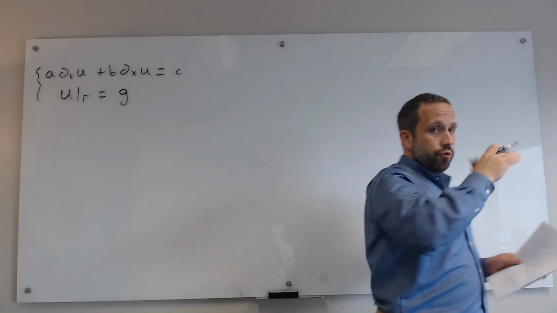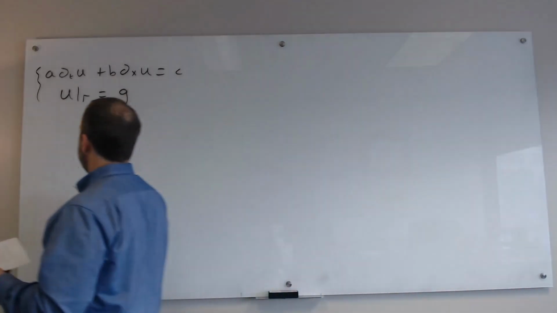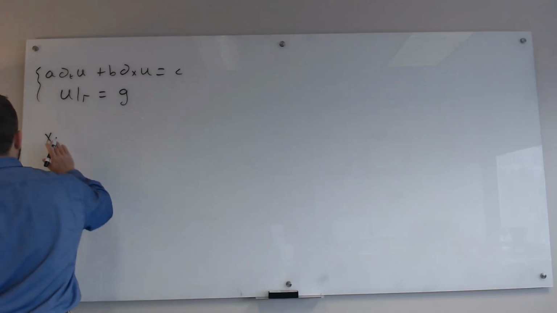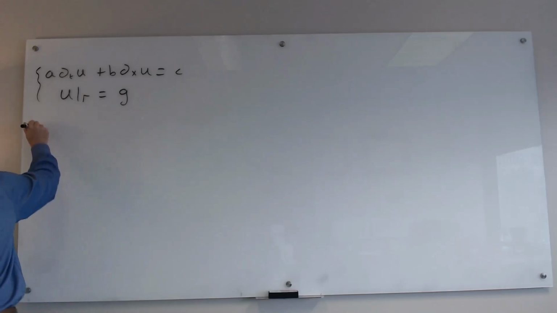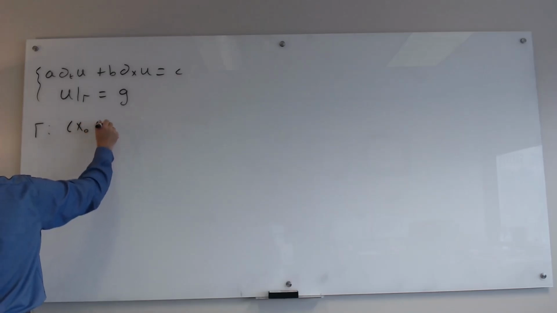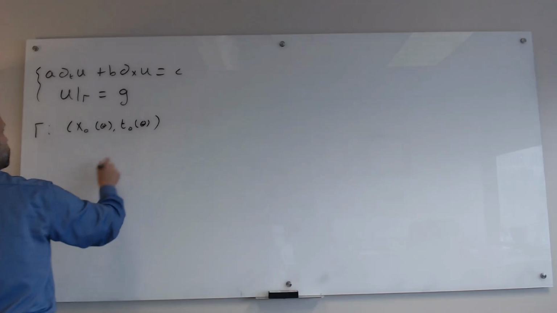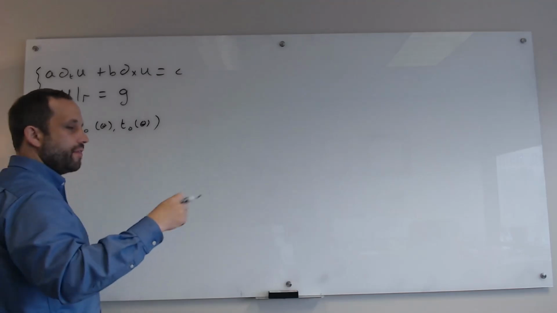Now, let's think through the way that we have been approaching these problems. We've set up a system of characteristic equations. Actually, let me begin by reminding you that we typically parameterize the curve gamma with something like, I'm going to call it, x naught of theta, t naught of theta. These are functions.